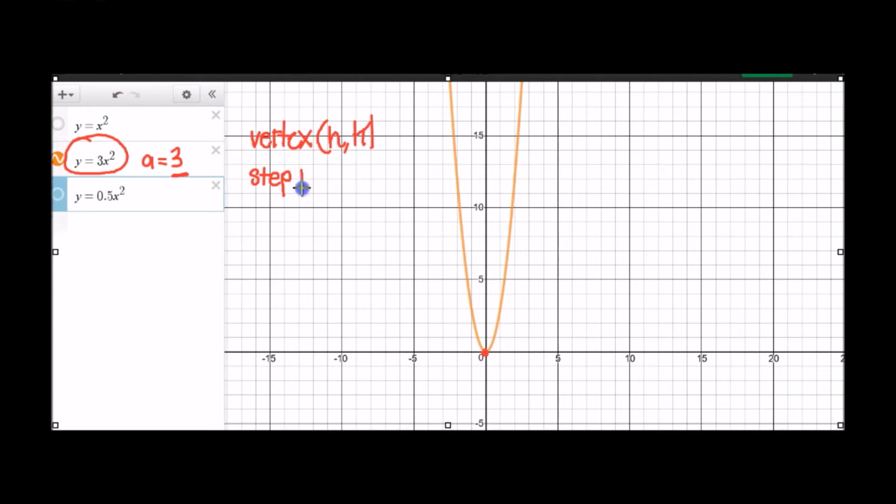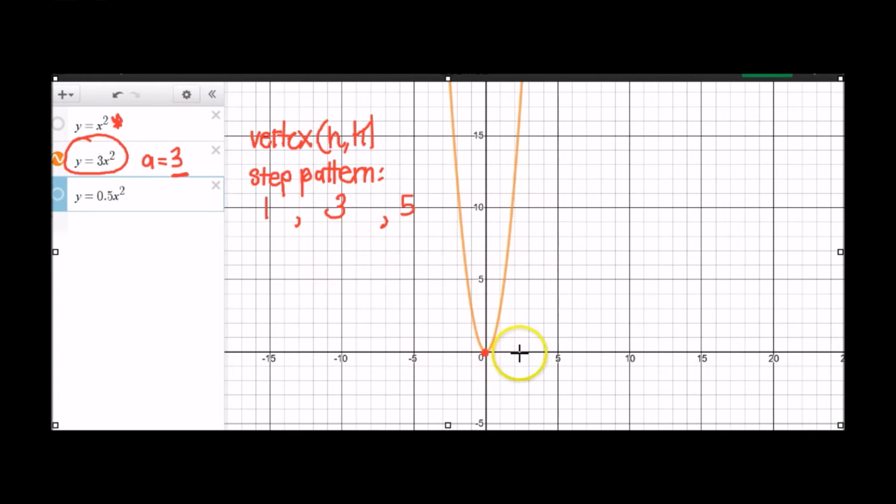And my step pattern is going to be that 1, 3, 5 in my regular one. So again, originally on this equation, that meant I would go over 1, up 1, over 1, up 3, over another 1, up 5, and plot there.